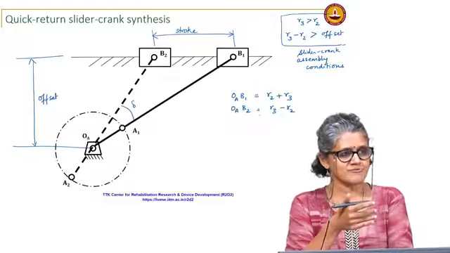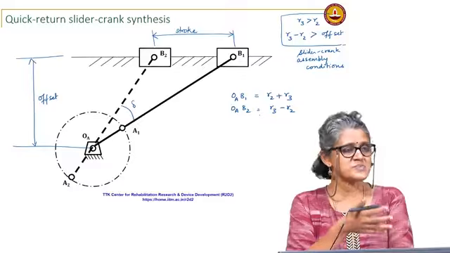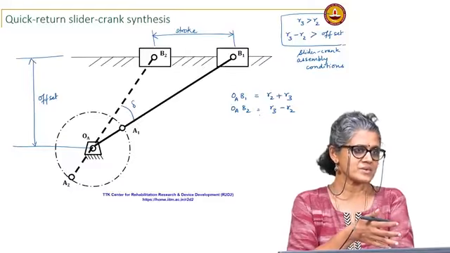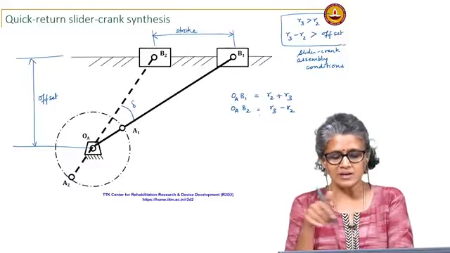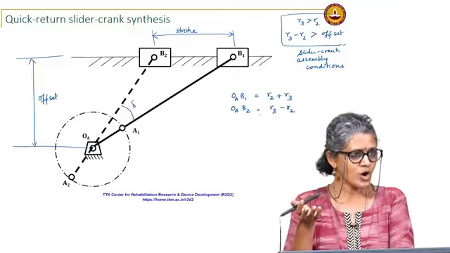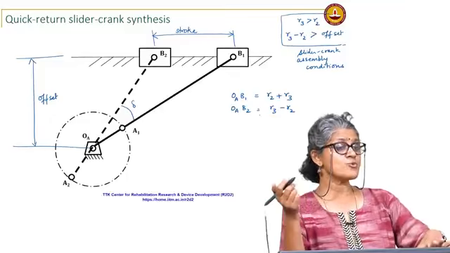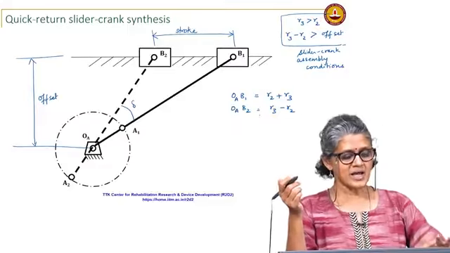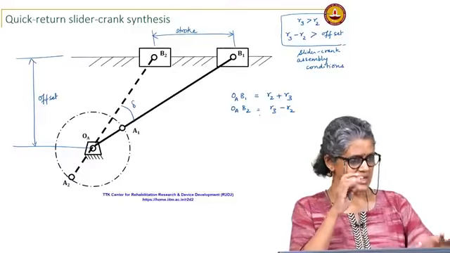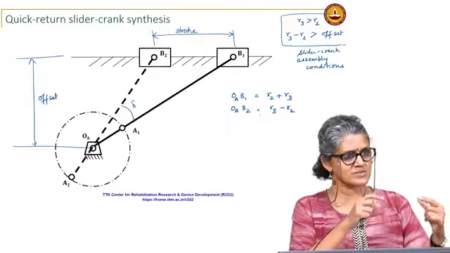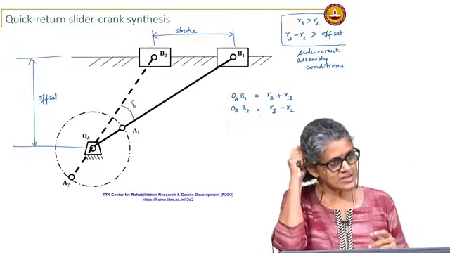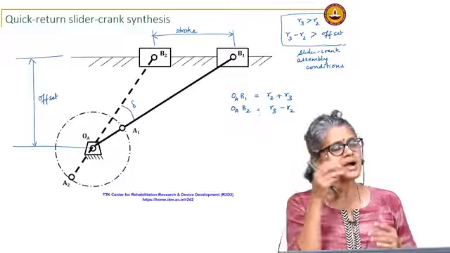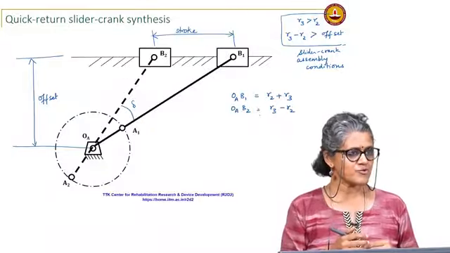So, if I specify the offset, then what are my options? I know that maybe I do not want such a big offset. So, instead of trial and error, I say, okay, look, I really need the offset to be no more than a certain quantity, and then I want to design for that.